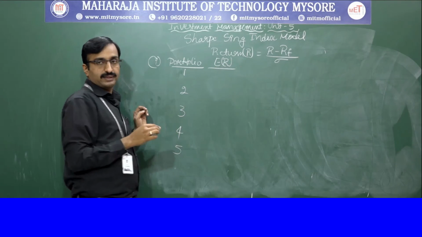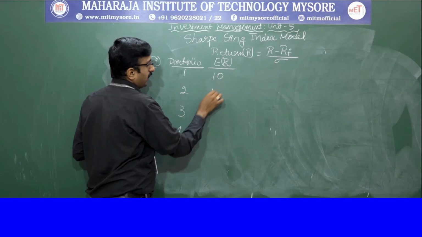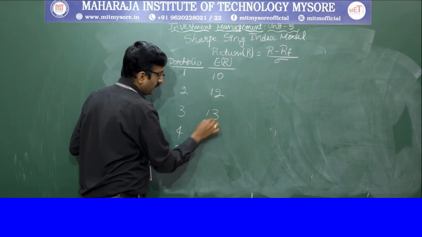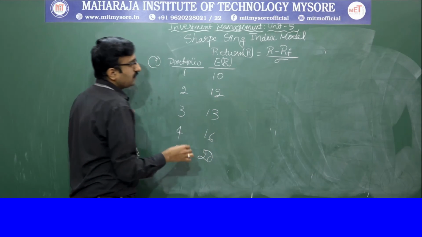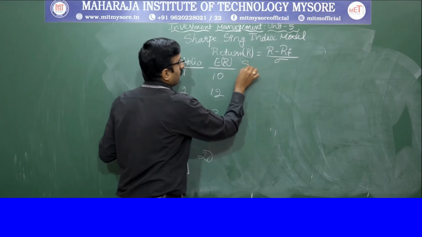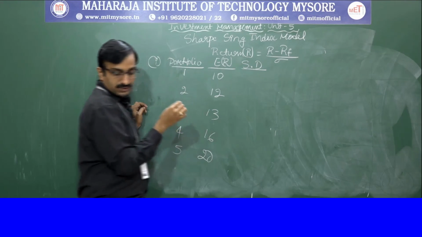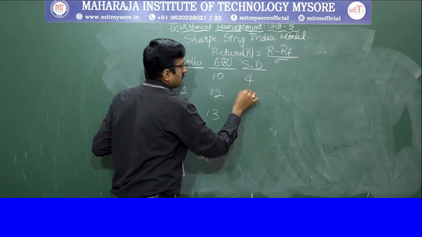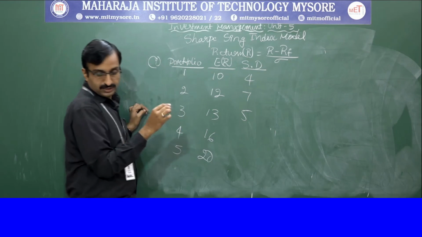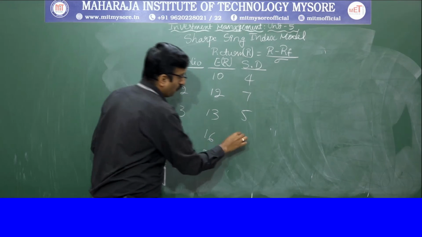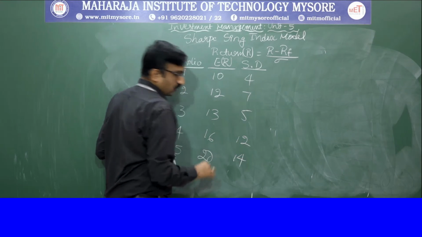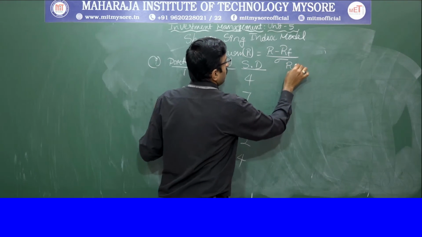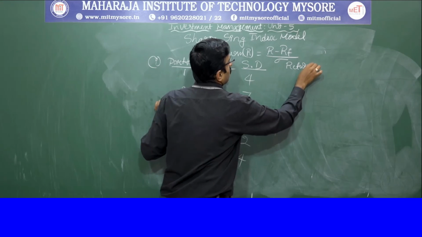The expected returns are 10, 12, 13, 16, 20. The standard deviation also they have given: it is 4, 7, 5, 12, 14. Moving on to the calculation of return, apply this formula.